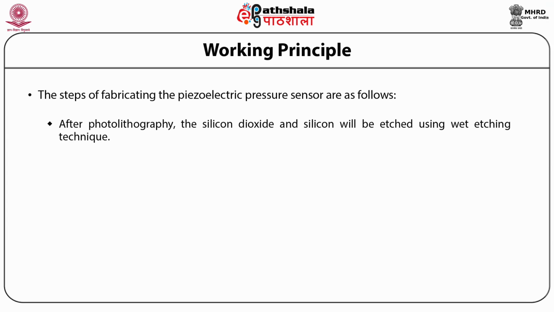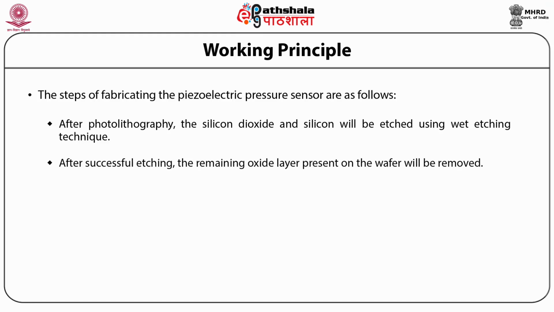Next, after photolithography, the silicon dioxide and silicon will be etched using the wet etching technique. After successful etching, the remaining oxide layer on the wafer will be removed, as shown in the figure.